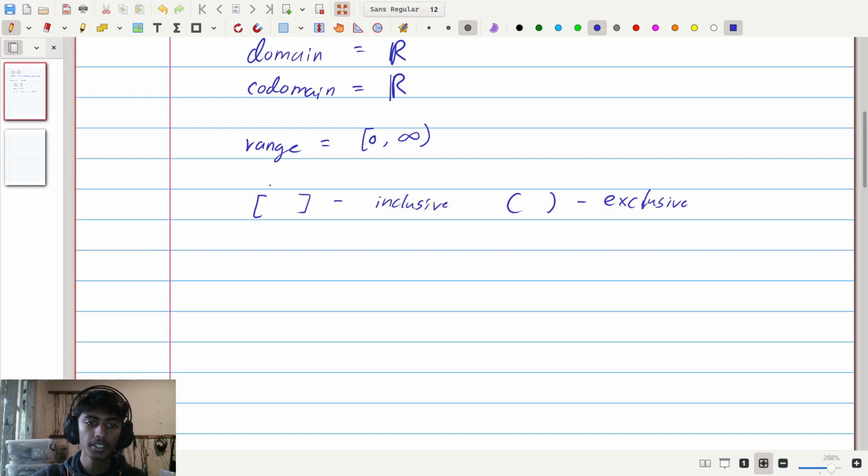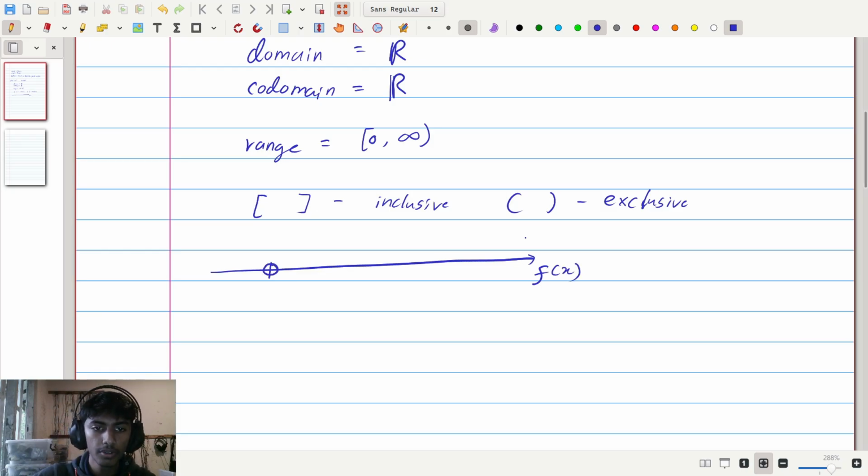The square bracket indicates that within a certain range, the lower or upper bound is included in the range. So if you take a number line, let's say for this example function f(x), the point 0 is a valid output. So I'm going to color it in.